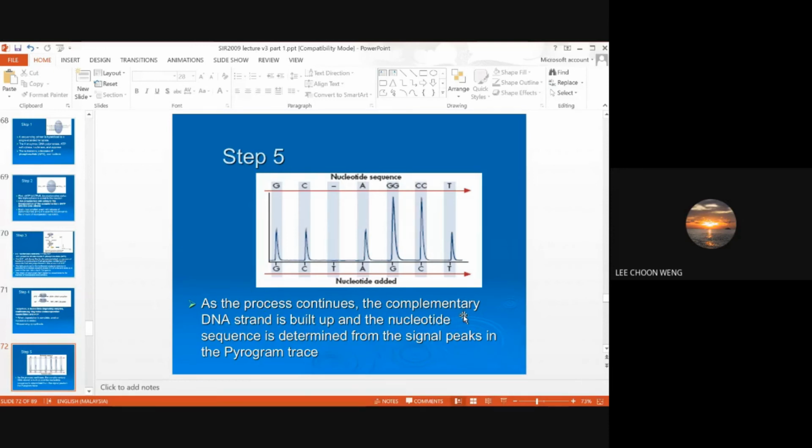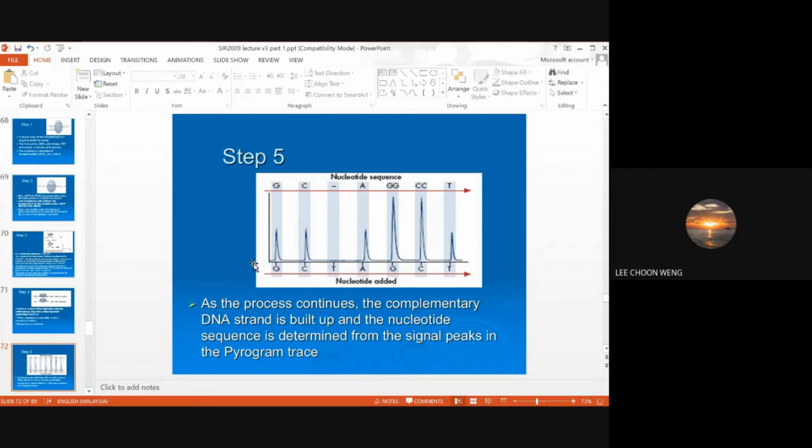Okay. So how does it work? The disadvantage of a Roche 454 system is you can only add one nucleotide at a time. So you add one nucleotide with all the enzymes, it's incorporated, then apyrase will degrade everything.